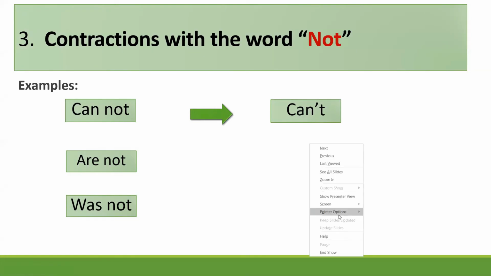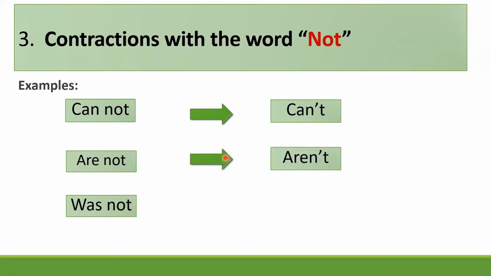And then are not will become aren't. Again, we put the letter N on the opposite side of the apostrophe, so before the apostrophe. So this will now be the contracted form of are not. It will now become aren't.